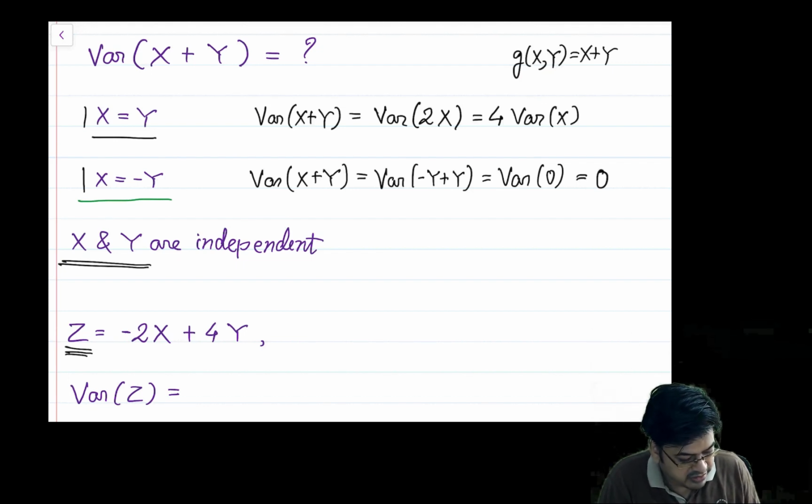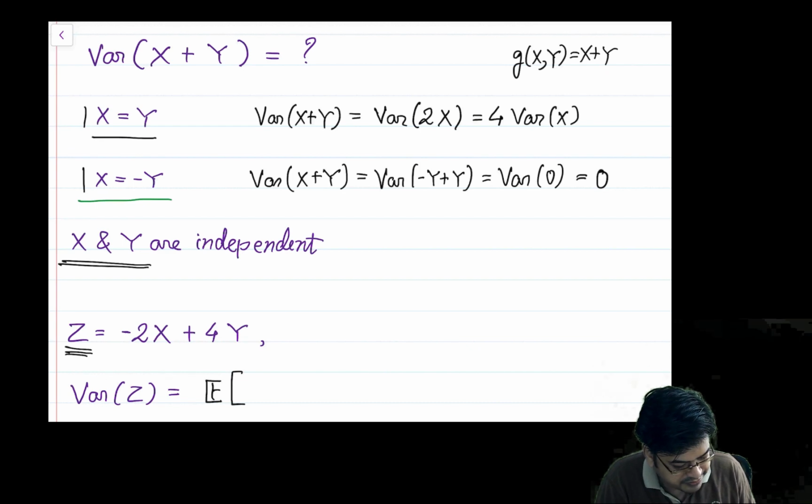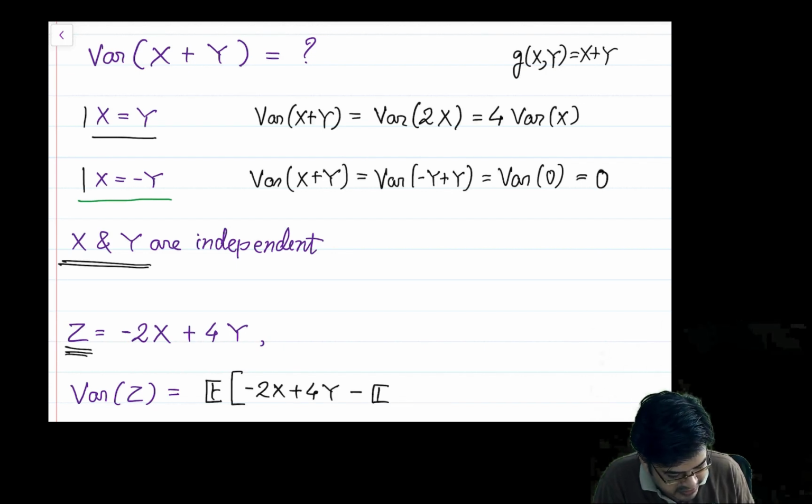So I want to compute the variance of z. This will be equal to the expected value of minus 2x plus 4y, minus the expected value of minus 2x plus 4y, the whole square.